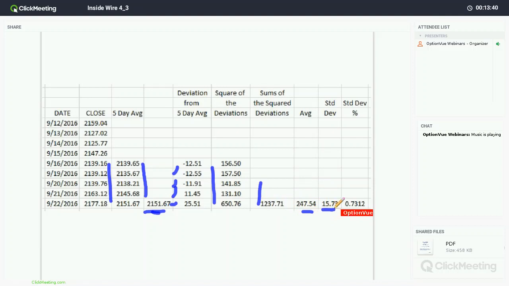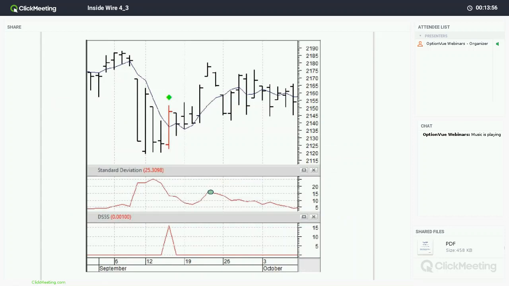That gives you your standard deviation, and then we back into the actual percentage. That's important because we want to be able to apply this method to all kinds of different assets, and not just a single underlying asset.